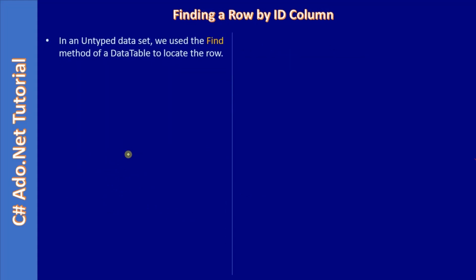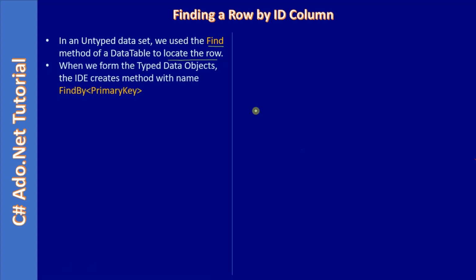In an untyped dataset, we use the find method of a data table to locate the row. We did that multiple times in our previous sub-series when we learned about navigating the data relation. When we form the typed data objects, the IDE creates a method with the name FindBy primary key.